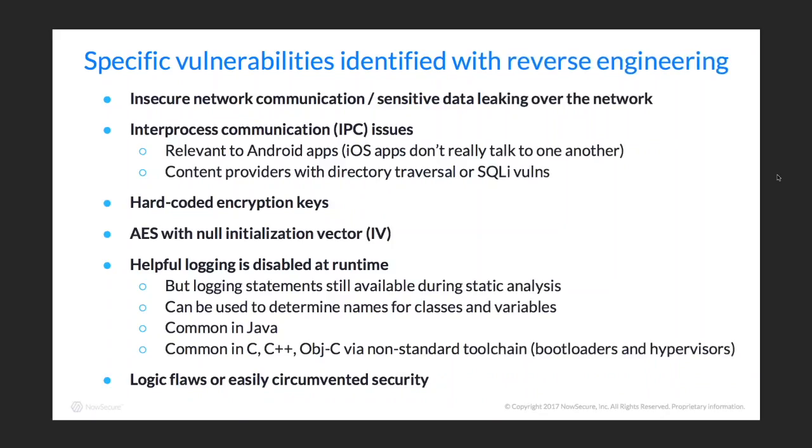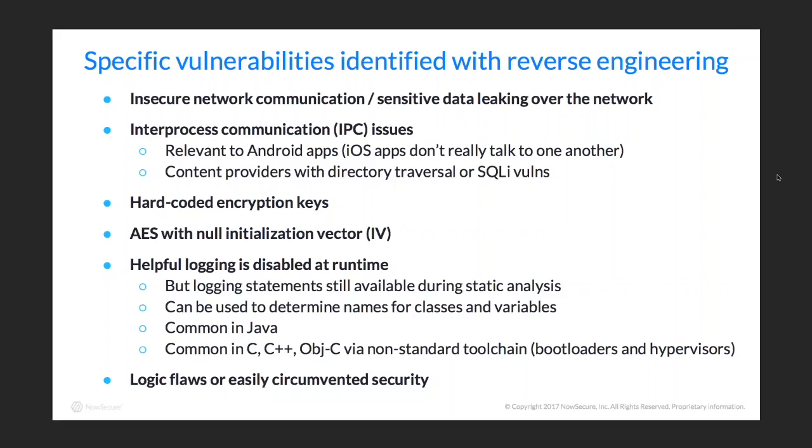So back to what we were talking about before and what reverse engineering gets us. Similarly, what are some common vulnerabilities that we're actually finding during this process? Well, with API hooking, we're often seeing insecure network communication, and leaking of PII, or personal information, over the network.